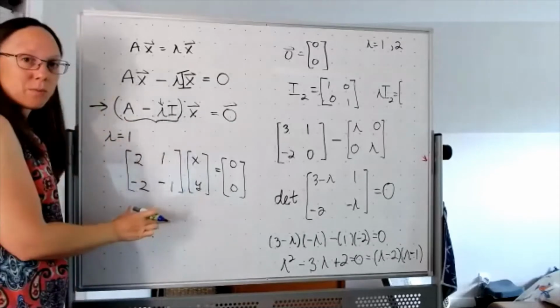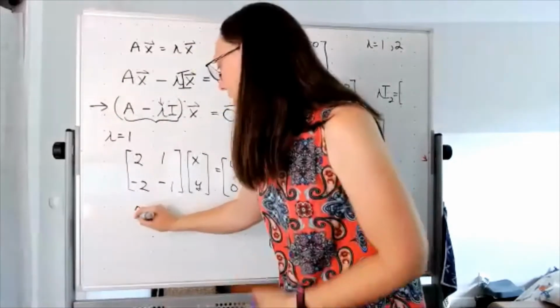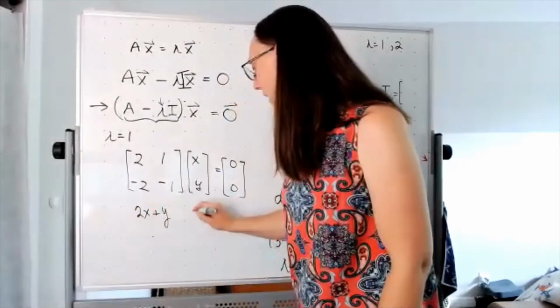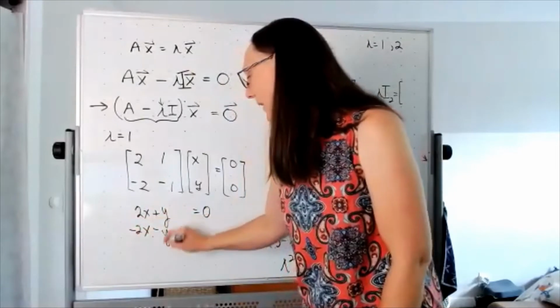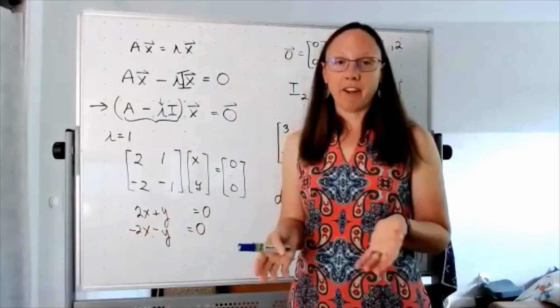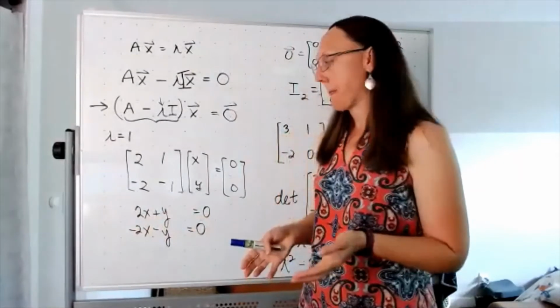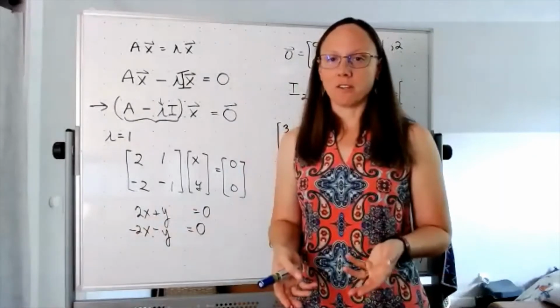When we do the matrix multiplication on the left-hand side, we should end up with 2x plus y is equal to 0, and negative 2x minus y is equal to 0. Whenever you're finding eigenvectors, we should get an infinite number of solutions.